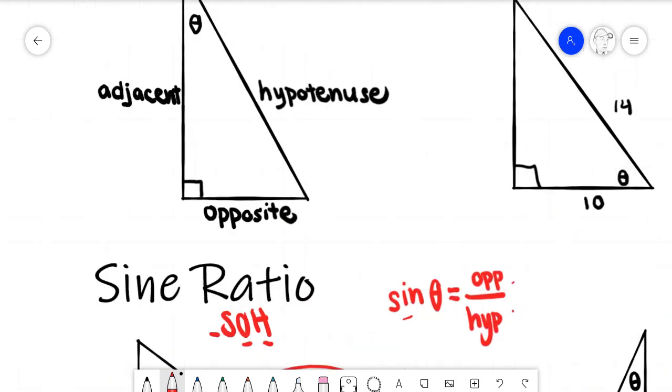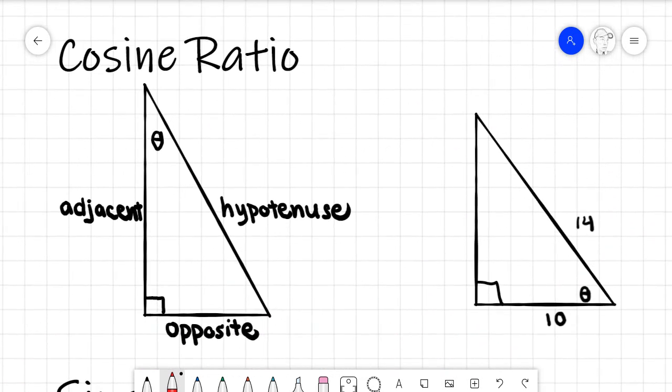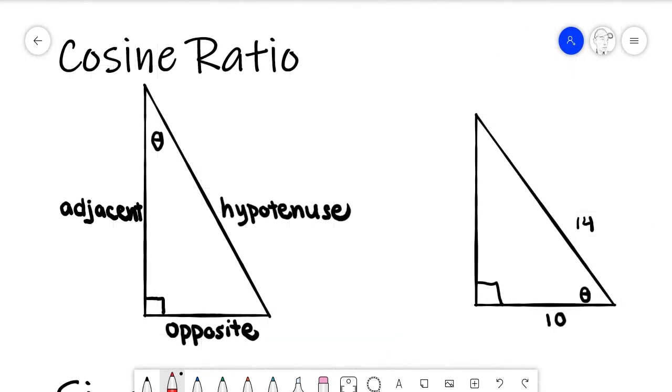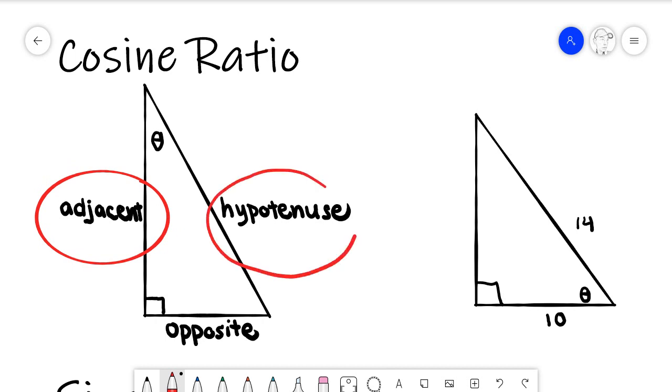And now finally, let's take a look at our last ratio, which is the cosine ratio. In your cosine ratio, you're going to need the adjacent side and the hypotenuse. So cosine, CAH, CAH-TOA.